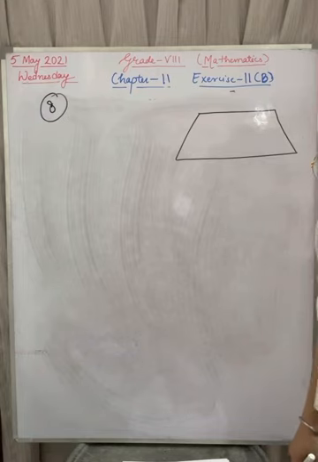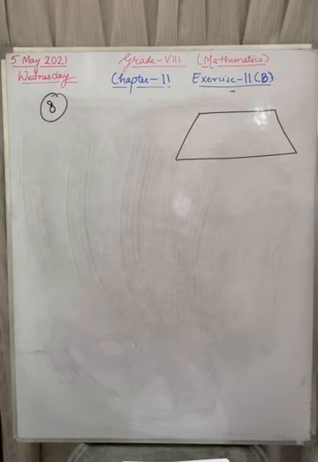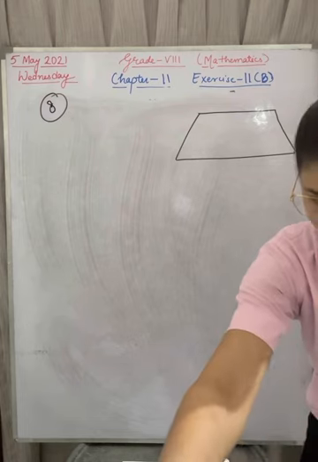Chaitanya, you can do that also. You can take out those areas, add them, and get the answer.